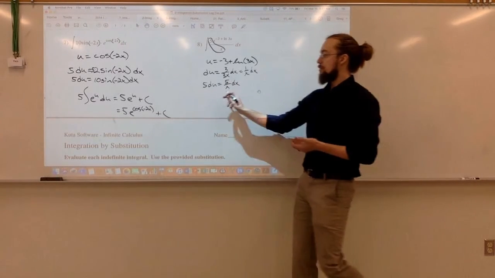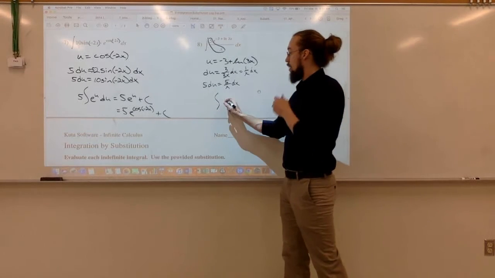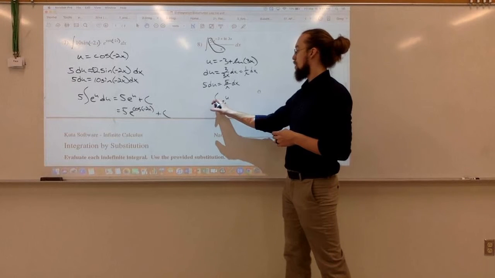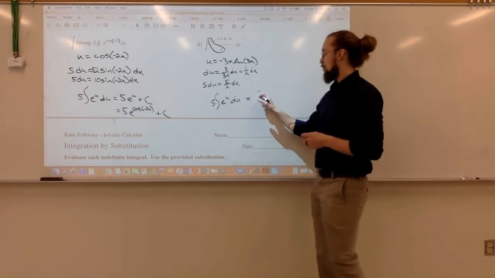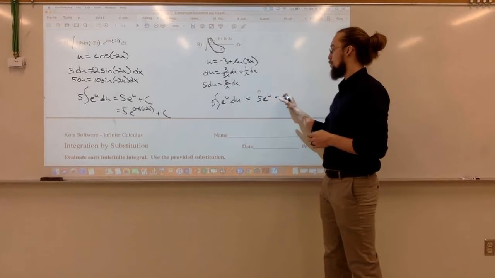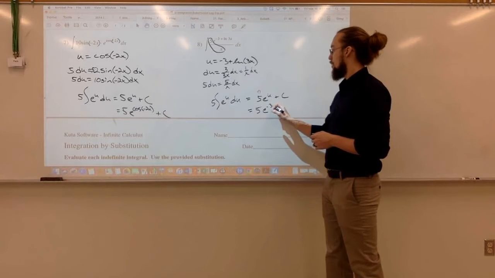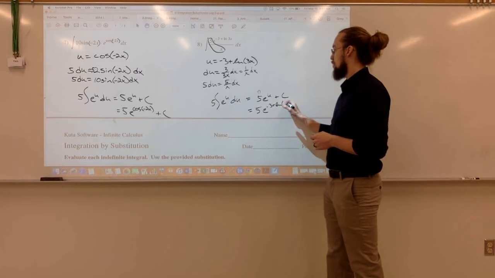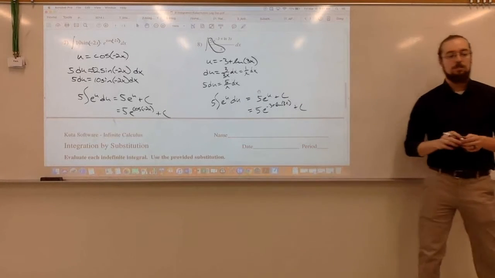Then we can do our u substitution. So we would just have e to the u times 5 du. So antiderivative would be 5e to the u plus c, would be 5e to the negative 3 plus natural log of 3x plus c.